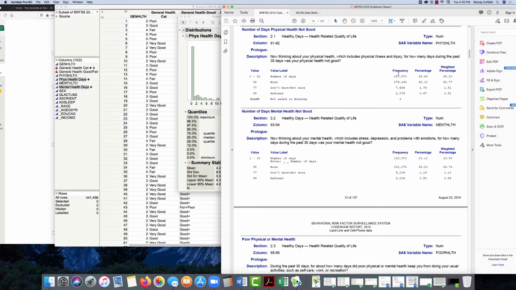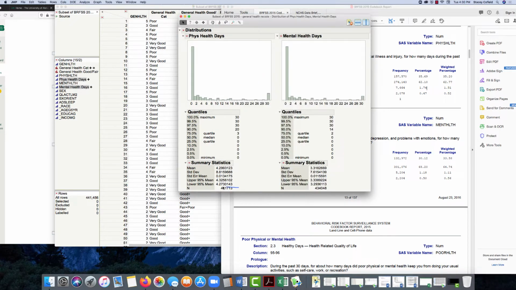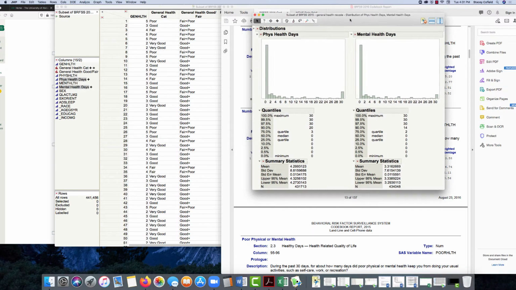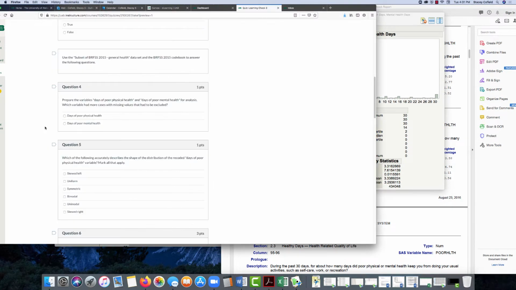The 157,570 plus 274,143 plus 7,664 plus 2,078 plus 1 would have given me the 441,456 total sample size. But these now, remember, are all missing. And if I add those up, I will get this number. And the same thing for the mental health days. So here are our distributions. We can go back here.